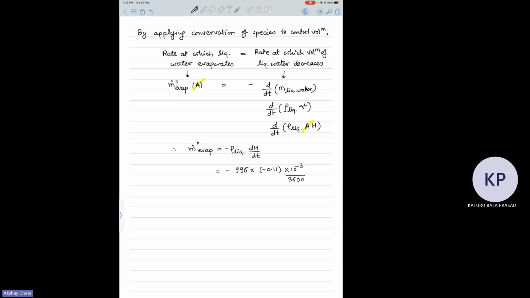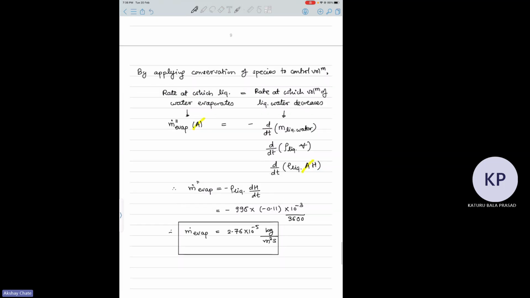So if you do this calculation, you should get 2.76 times 10 to the power minus 5 kg per meter square second. So this is your answer to this first part of the question. So basic mass conservation or species conservation is all we have applied here, nothing fancy.